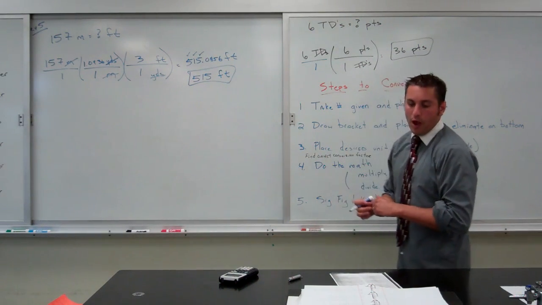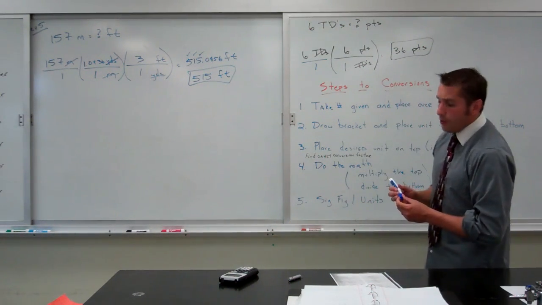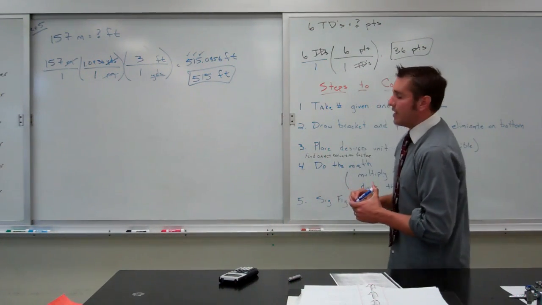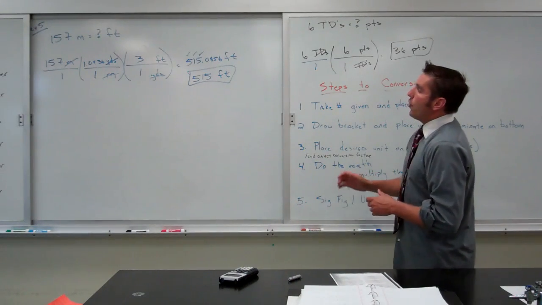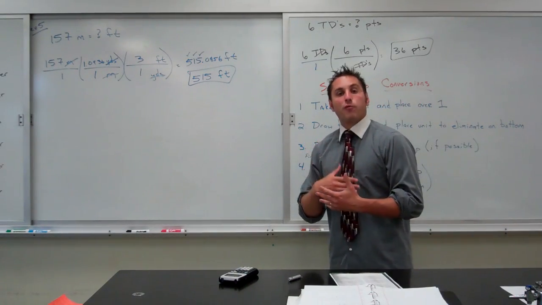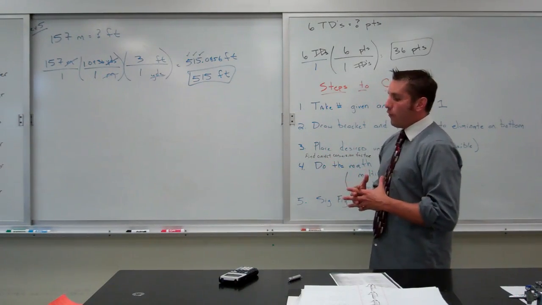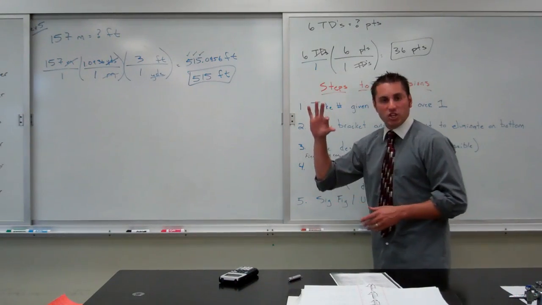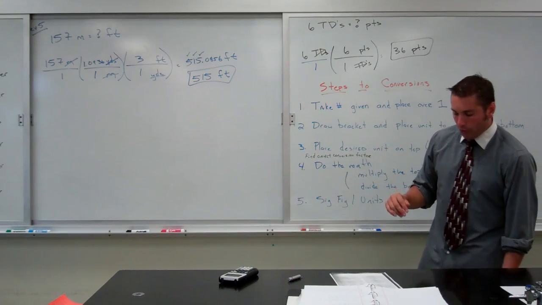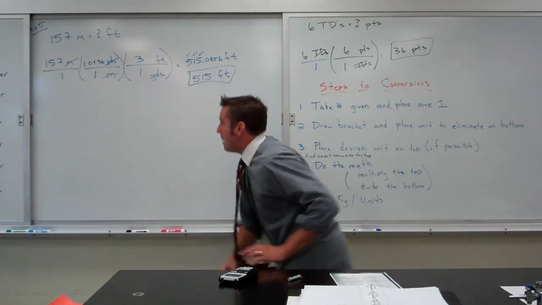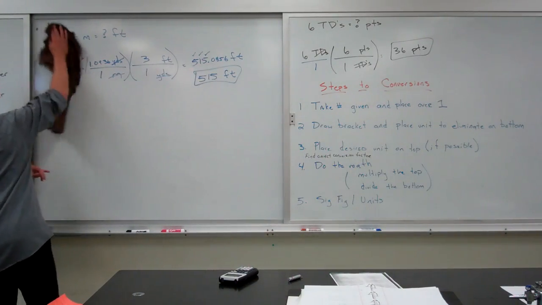One last example I want to do is to show you how we can take units that are what we call fractioned, top and bottom, and solve those problems where we're not changing just one, but both types. What I mean by that is this.